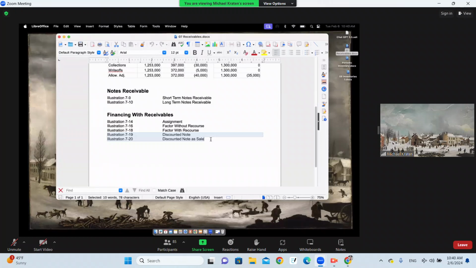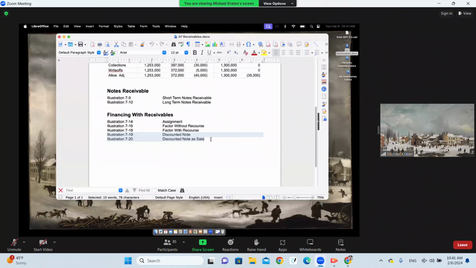Let me just repeat. If you sell any asset, it doesn't have to be a note receivable, if you sell any asset at a deep discount because you're desperate for cash, the value of the asset that you're selling goes down to zero. You get some cash, so the cash asset goes up. But if you're not getting much cash, if there's a deep discount, cash will only go up by a little bit.